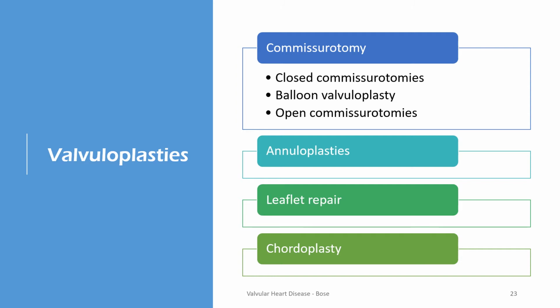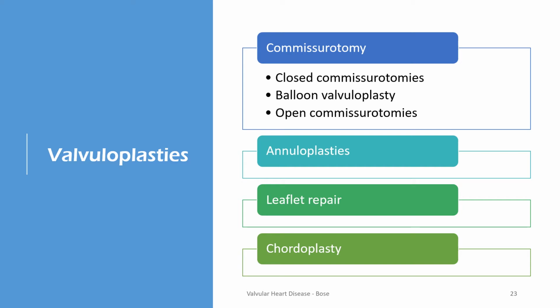Each valve has leaflets, and the area between the leaflets, the site where it meets, is known as the commissure. The leaflets may stick to one another and thereby close the commissure and lead to stenosis.